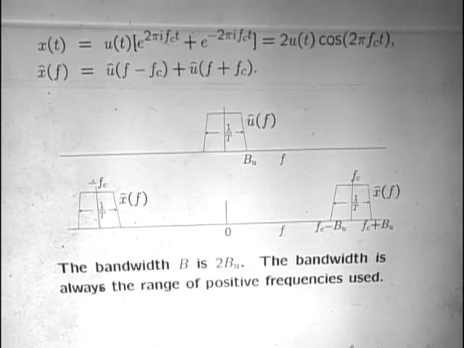Now, every communication engineer in the world, I think, measures bandwidth in the same way. When you talk about bandwidth, you're always talking about positive bandwidth, because a long time ago, communication engineers didn't know about complex sinusoids.